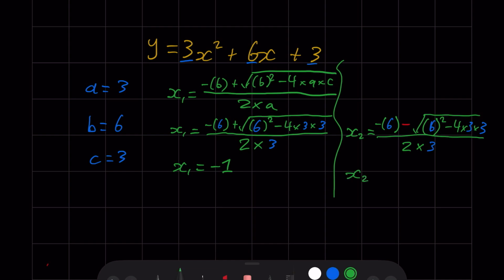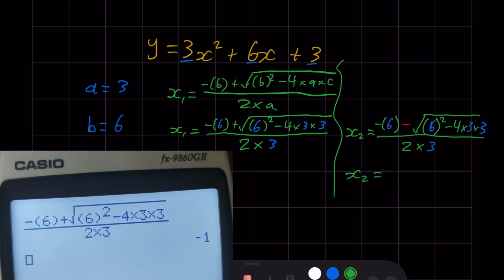So x2 equals, and when I put that in my calculator, once again, I just go back into the equation and change that plus to a minus, equals, and it also equals negative 1.